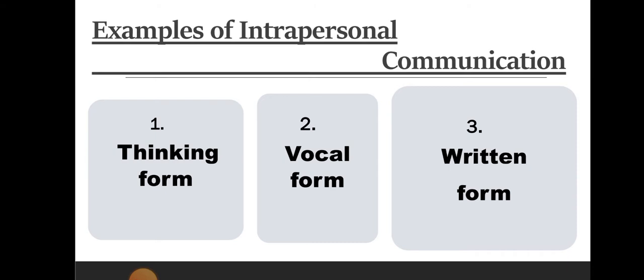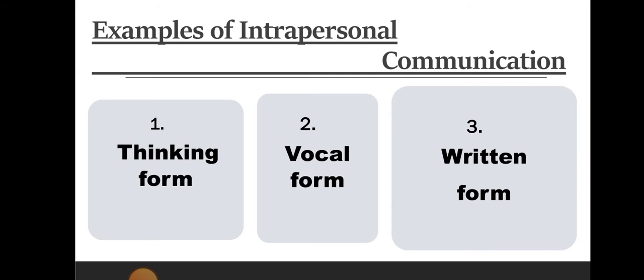So, vocal form means that we look at the things, we look at the people, and we talk to ourselves. We talk, you can say, in our mind. We think about the situation and then we speak loudly. This one is also our personal experience. Sometimes we see that people are murmuring.